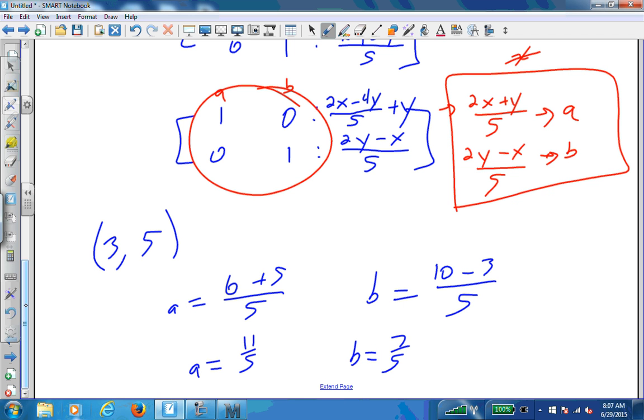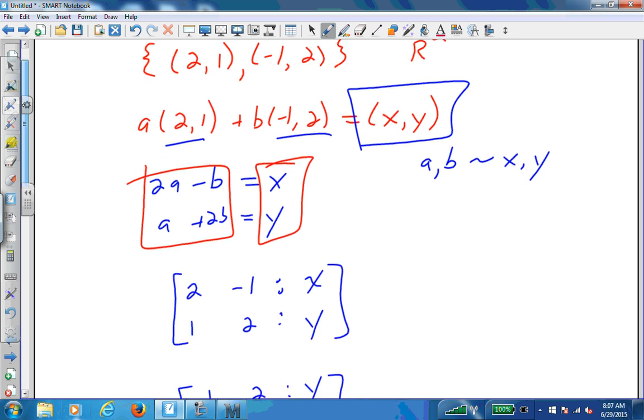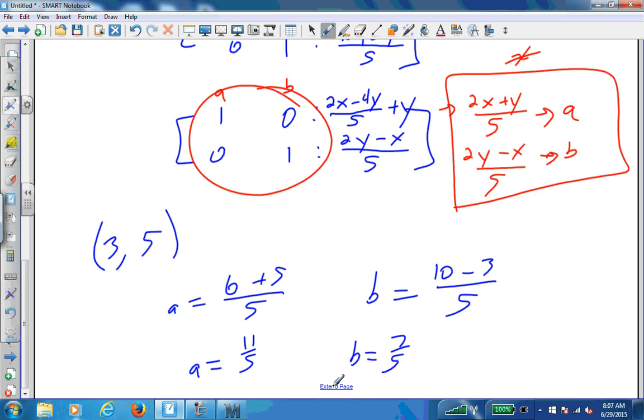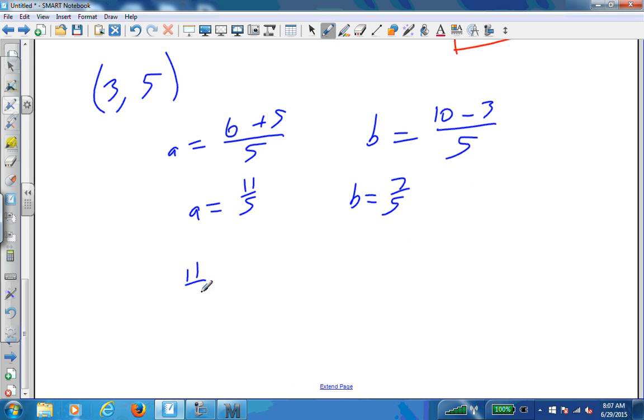So let's try that. Our first vector was 2, 1. And then our other vector was negative 1, 2. So let's verify that if we take 11/5 of the first vector, 7/5 of the second vector, that does give us 3, 5.